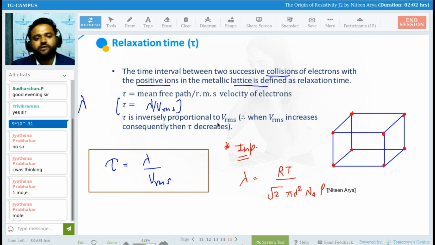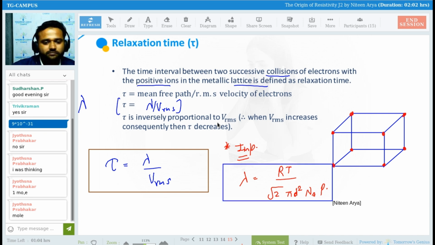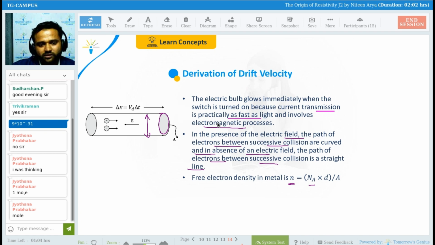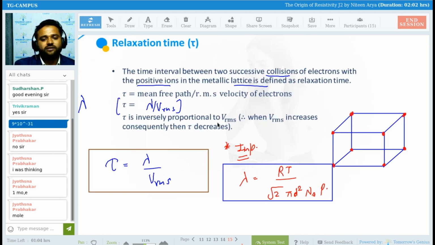This P is pressure, R is universal gas constant, T is temperature, root 2 you know, pi is constant, d is this distance, or the simple d is what we get from the conductor, or you can say symmetry. From the symmetry we write d, this from the previous, this is your d. Okay, so that is your mean free path and that is your V RMS.